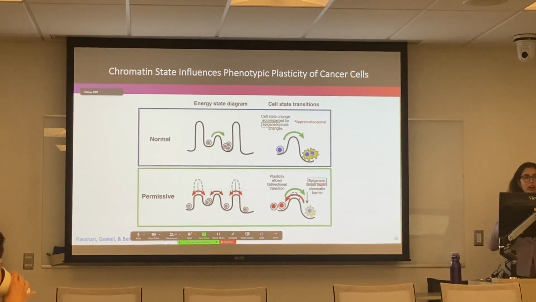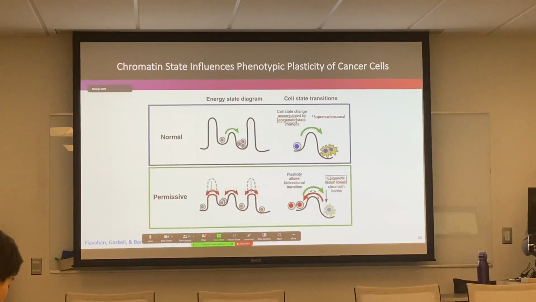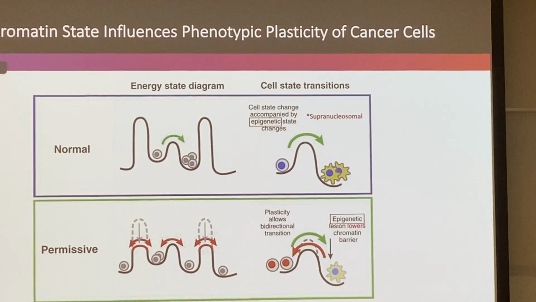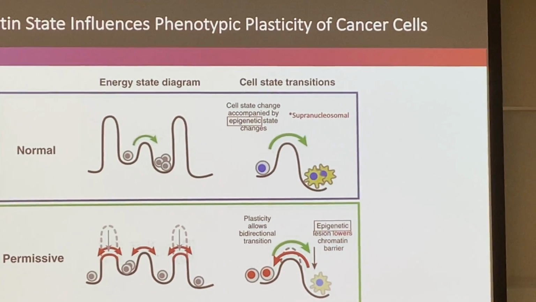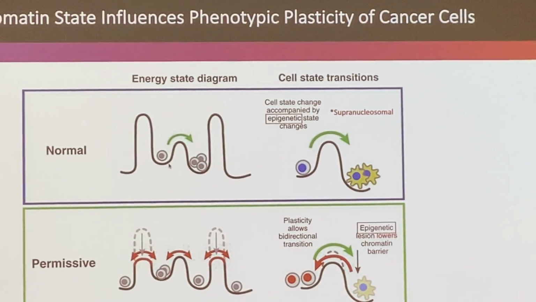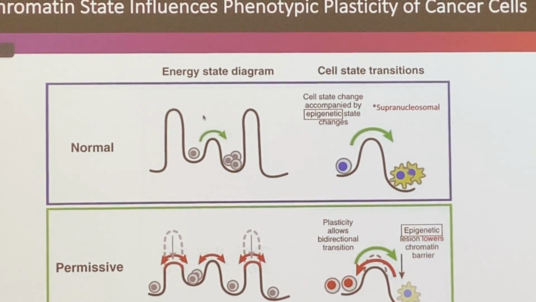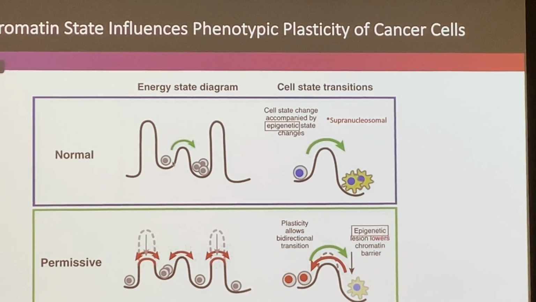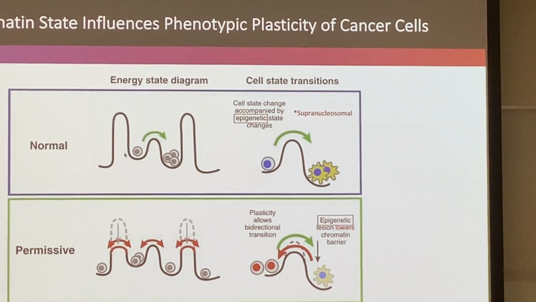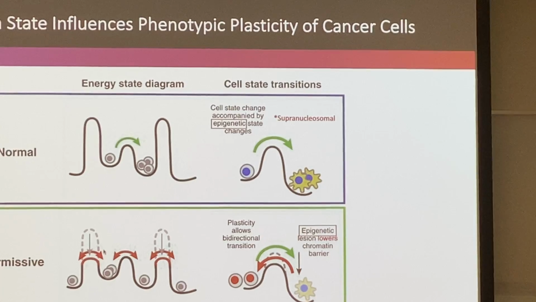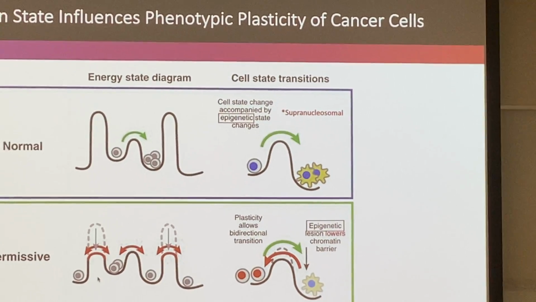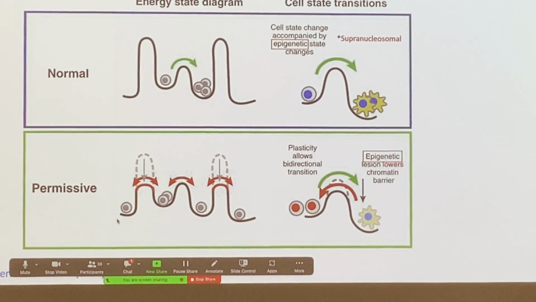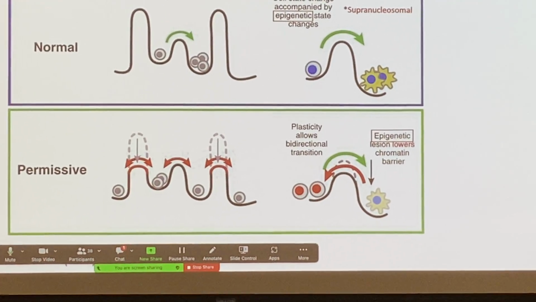So what we see here is that chromatin state can actually influence what's called the phenotypic plasticity of cancer cells. And what I mean by that is in normal conditions, there might be certain cell state transitions that are allowed, whereas certain energy barriers might not allow cell state transitions under normal conditions, but lesions in supranucleosomal chromatin structure might decrease these barriers and allow for cell state transitions into a more malignant, potentially chemoevasive state.